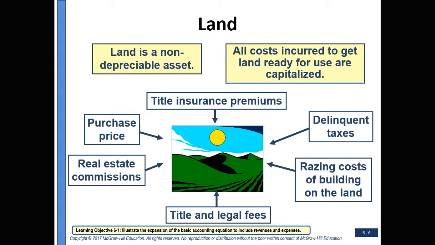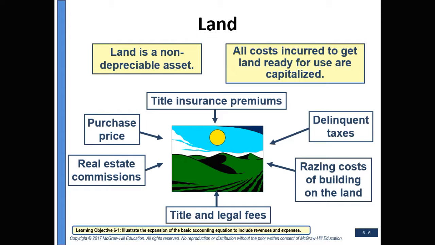This includes the costs of the actual purchase price, any real estate commissions, titles and legal fees, costs of razing a building that already exists on the land, any delinquent taxes that may need to be satisfied, insurance premiums. It's to get the land ready to be used.